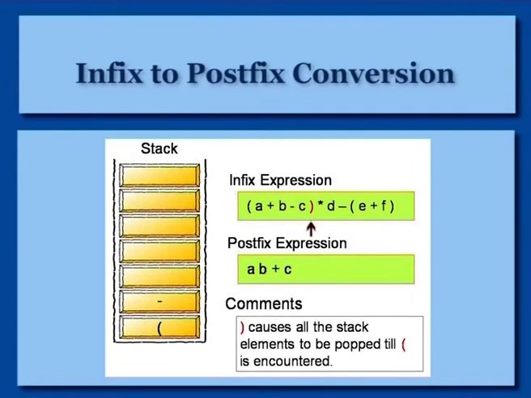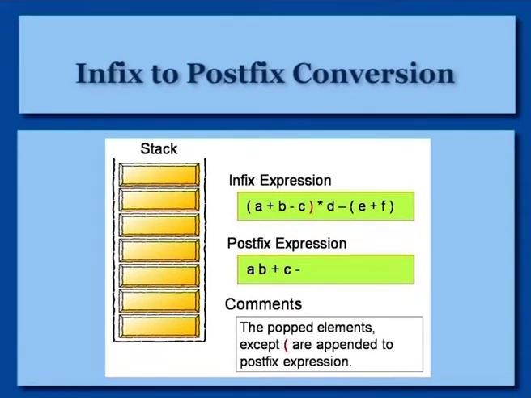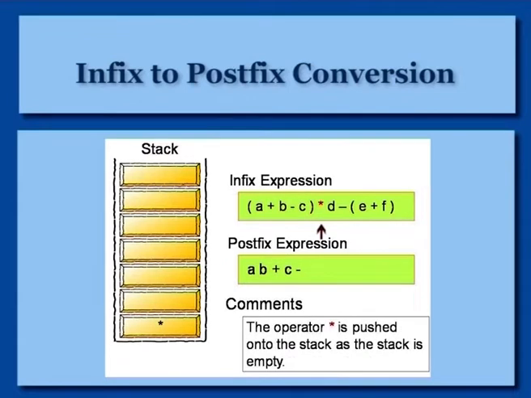The next character is closing bracket and it causes all the stack elements to be popped till an opening bracket is encountered. The popped elements except the opening bracket are appended to the postfix expression. The next character is multiplication operator and it is pushed onto the stack as the stack is empty.